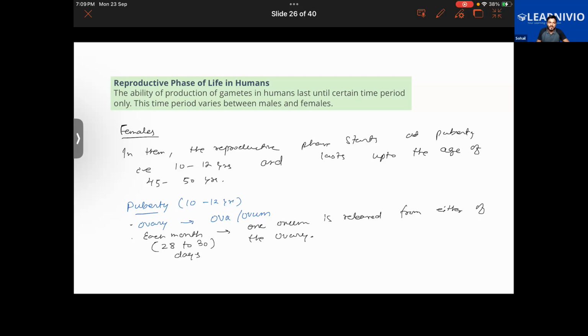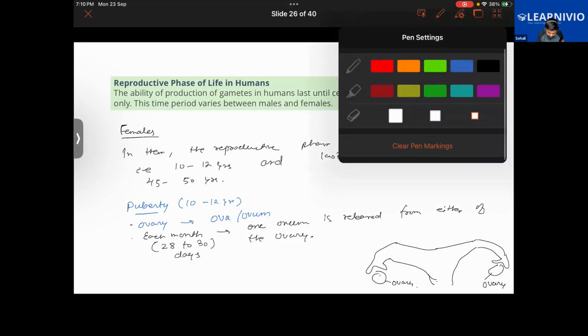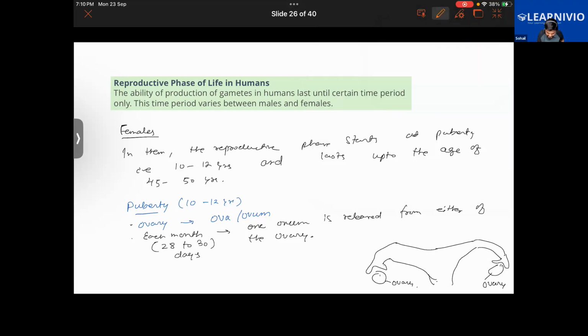Furthermore, we know that when the ovum is released, the wall of the uterus at that time prepares itself in case fertilization happens. Say this is the ovary, and let's say the ovum has been released.